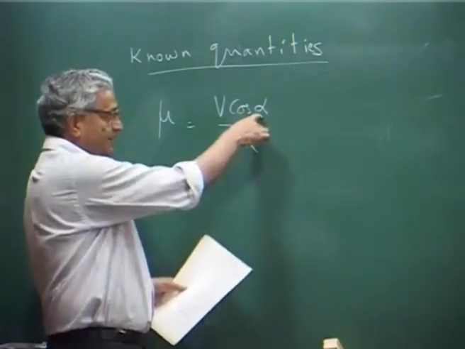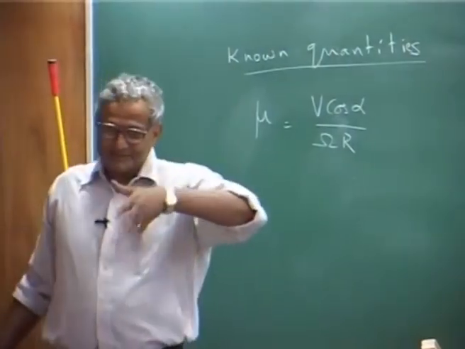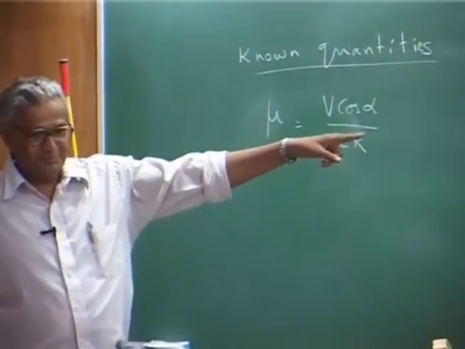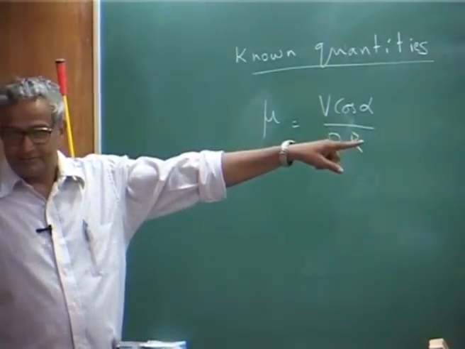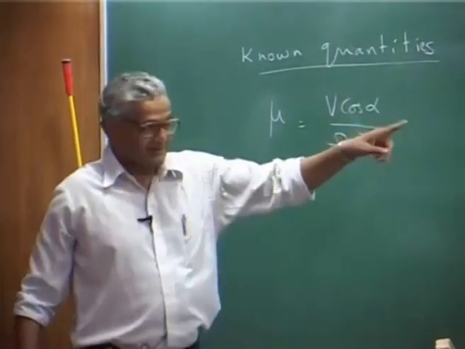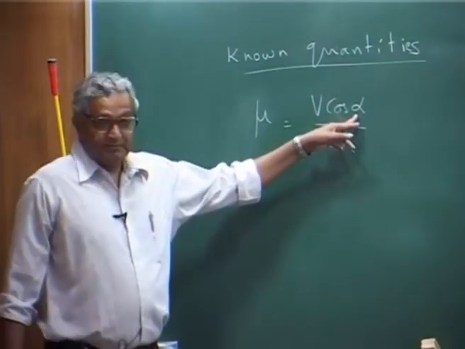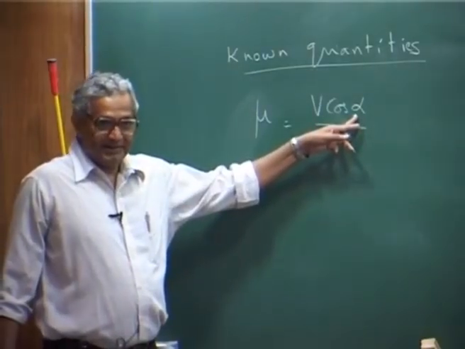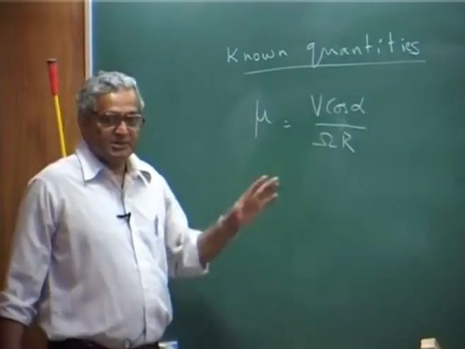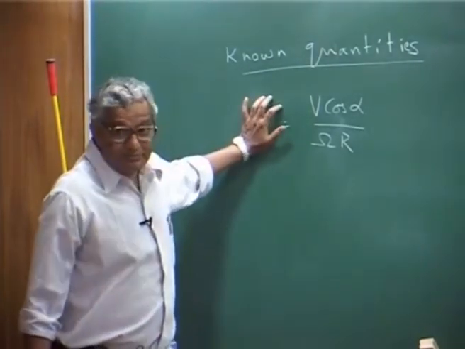Please note this alpha is the attitude of the, basically alpha is that pitch attitude, pitch theta. We do not know this to start with, that is why I am using advance ratio. Assume that this quantity is known.